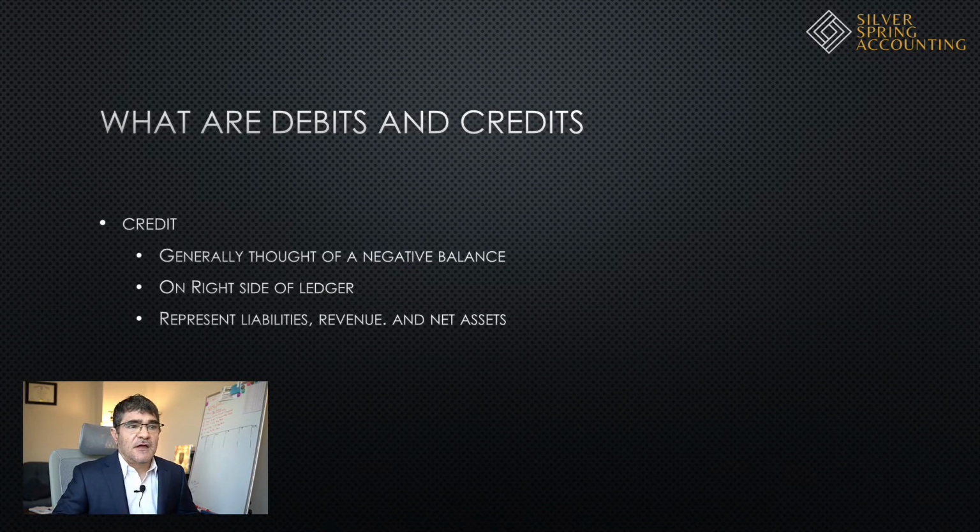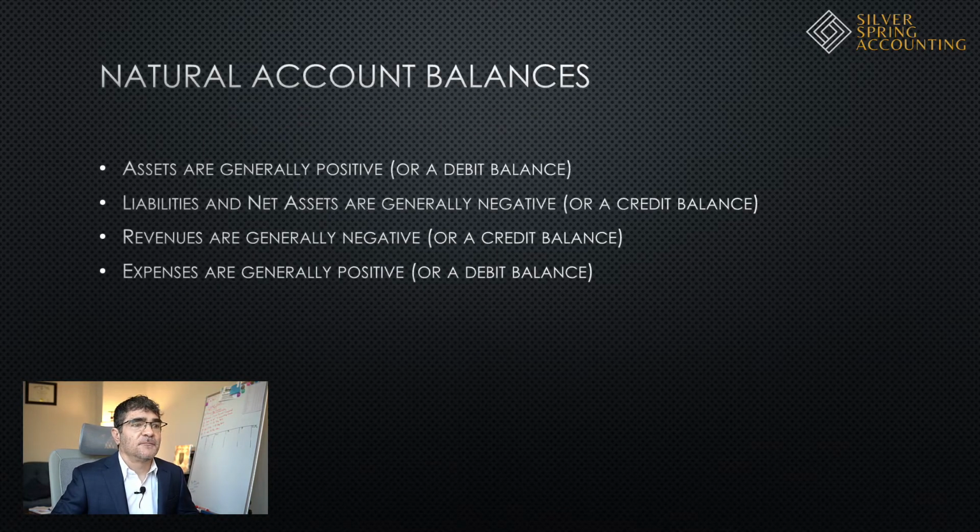Credits, on the other hand, are often thought of as a negative number, because in a single column they would generally be represented as a negative number, and they're going to be on the right side of the ledger in a double entry system and in a journal entry. Generally, these are going to represent natural balances for liabilities, revenue, and net assets.